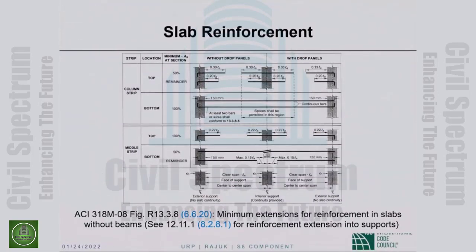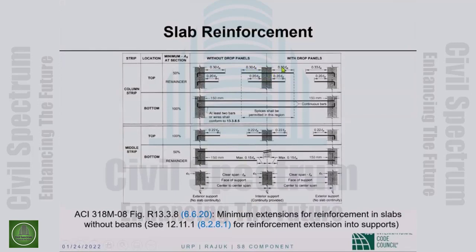So this is 33% of L sub n, this is 30% of L sub n. If this span and that span are different, then this L sub n, the clear span, shall be the longer clear span. Okay, so both directions you will extend by this way it will be 30% of the longer span.